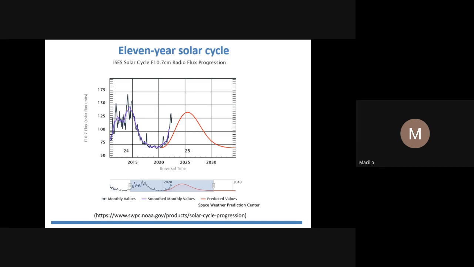The blue is the monthly smoothed value, and the black is the real value measured over the months. Then we have to be worried in the next years because the solar activity is increasing.